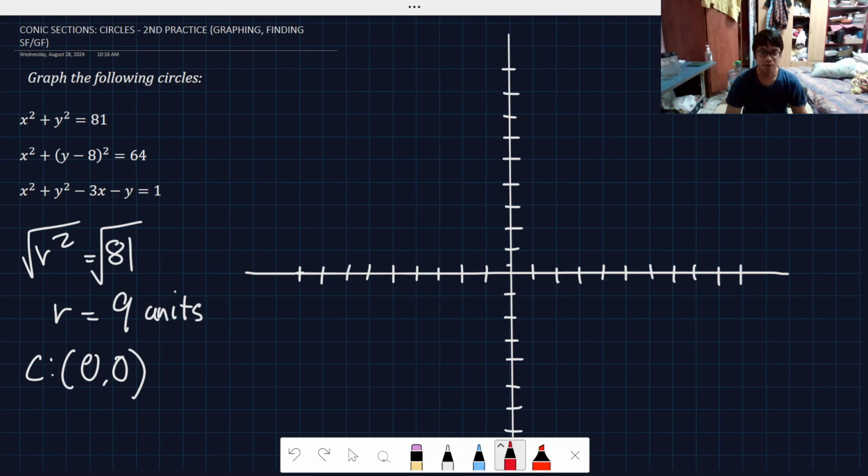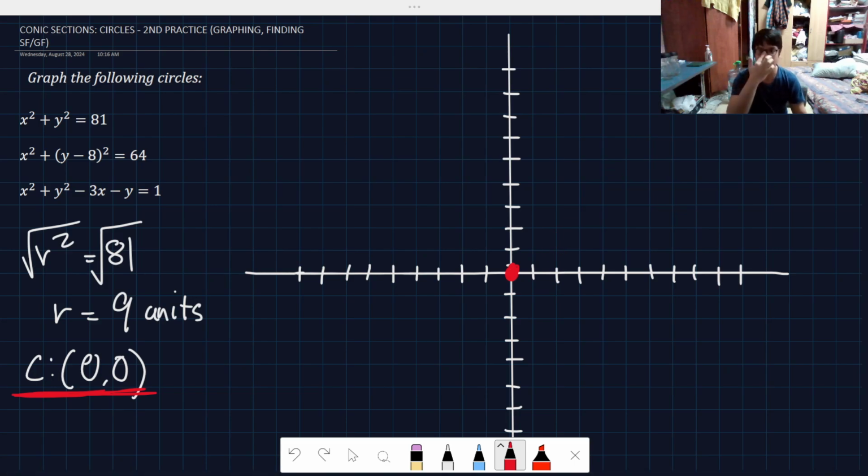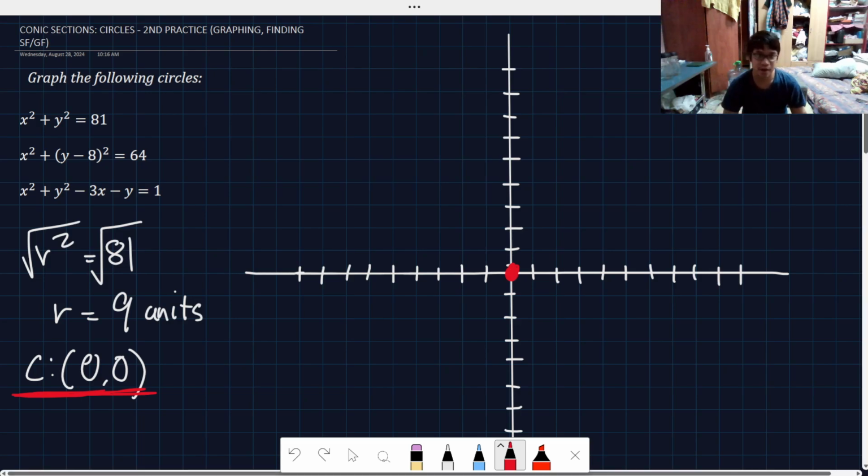First and foremost, you need to locate your center. Your center here is 0, 0. That means it's at the origin, which is the point where your x and y axes intersect. So here, this is your center. If it's 0, 0, automatically it's at the origin.